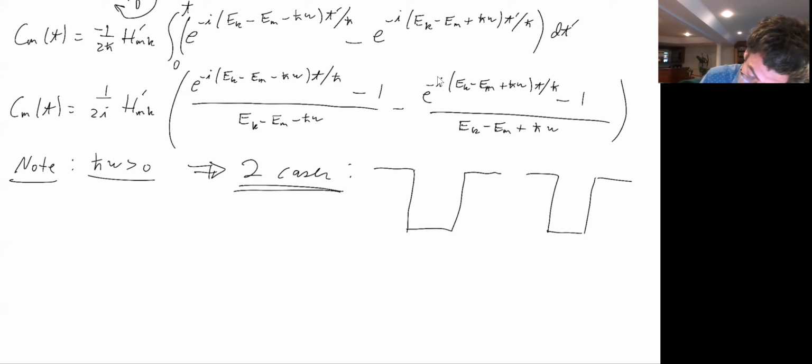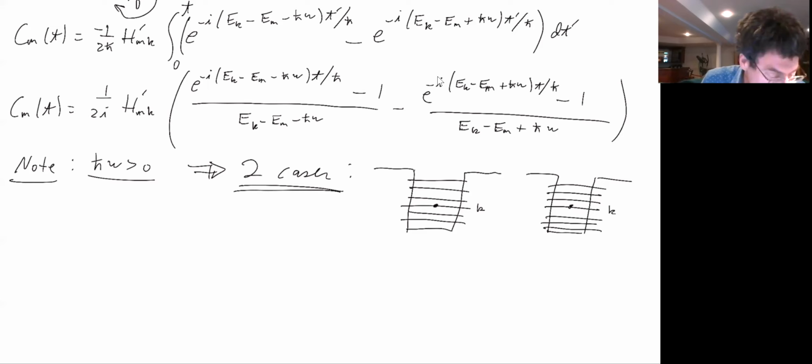In the first case, I have all these states, starting out in the kth state. But in the first example, the final state Em goes up, is higher in energy. So Em is greater than Ek, and we call that stimulated absorption.